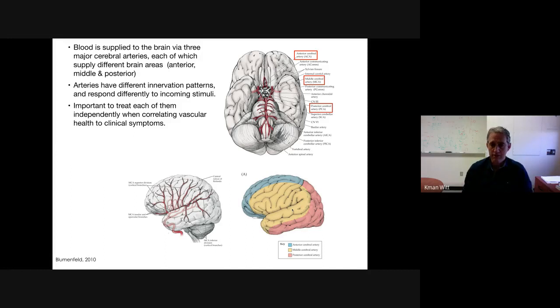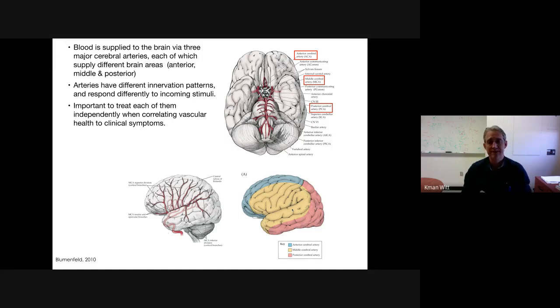But each artery is actually physiologically distinct, meaning that it responds differently depending on the type of incoming signals that it's receiving. And so that might indicate that different arteries might be more susceptible to different insults to the brain.